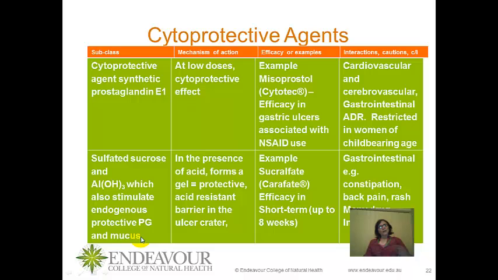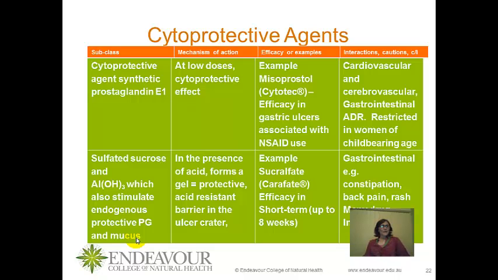A different type of cytoprotective agent is one that forms a raft over the site of the ulcer. The type of cytoprotective agent here is sulfated sucrose with aluminium hydroxide, which you saw was one of those antacids. This also has the added effect of stimulating your own endogenous prostaglandin, causing you to then produce the normal mucus, which is cytoprotective.